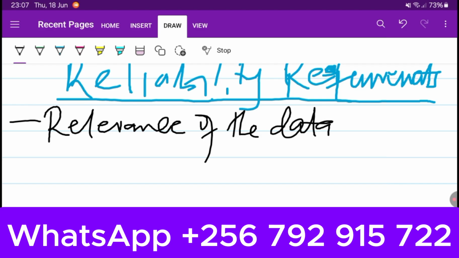And for us to solve the problem under investigation, we must make sure that the concept they used in capturing the other information should also be the same. The unit of measurement should also be the same.